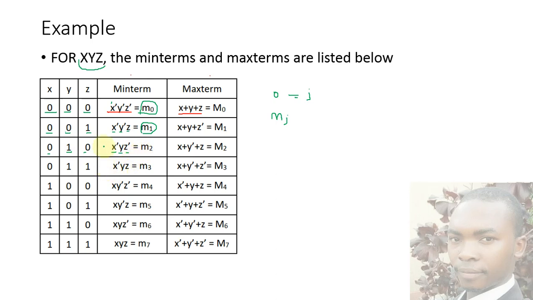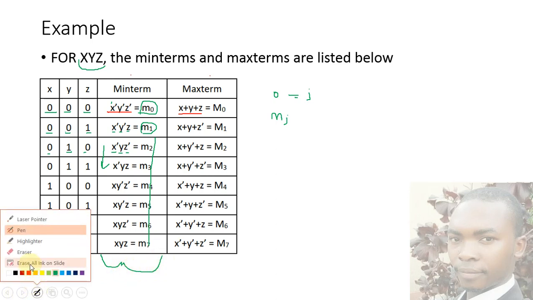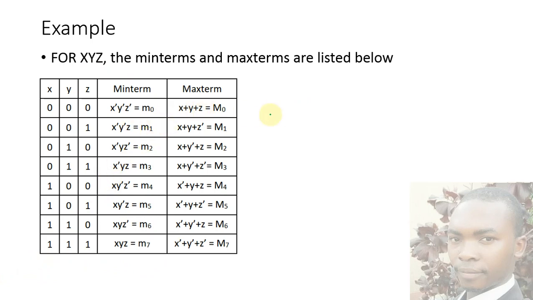So you can continue with that technique downwards. You get all these m's up to down there. So I hope we are now well conversant of how to get the min terms of the three variables. All right, now let's go to maxterms.